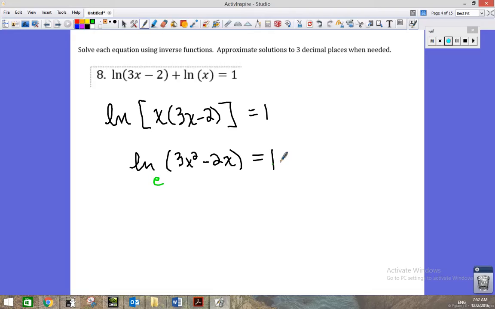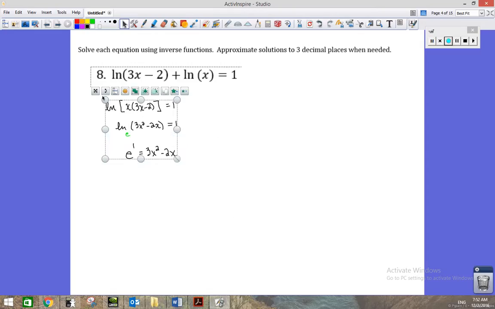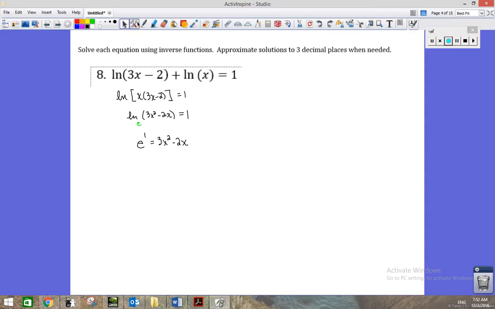I can change the form and recognize that this log form can be changed to exponential form by just saying e to the first power is equal to, because remember the base, the logarithm equals the exponent, is equal to 3x squared minus 2x. So this is a quadratic equation, and you may not be a fan of this problem.